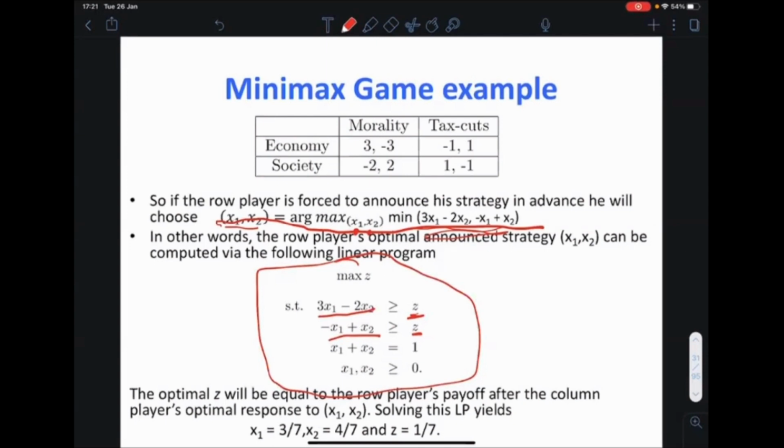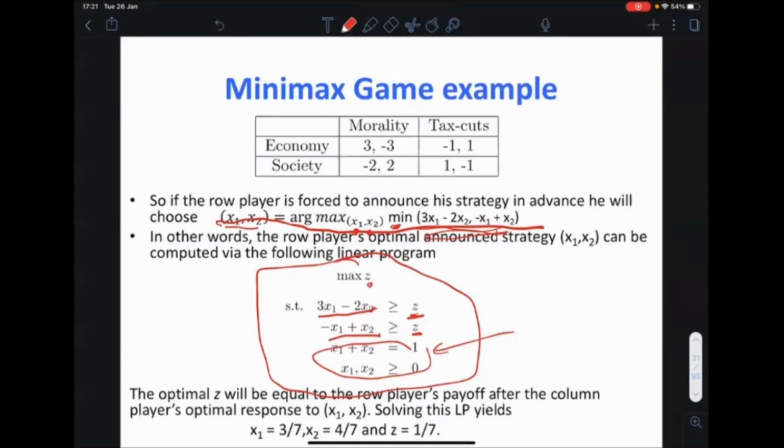I just introduce this variable that is a lower bound of each of the choices, because it's a minimization here, and we're going to maximize that value. And of course, here is really to make sure that this is a probability, right? So this is a simple LP problem that can be solved by the simplex method or other solvers.